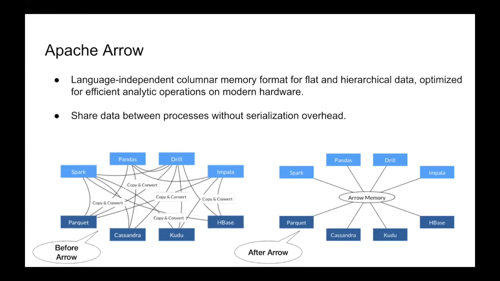When you have different systems working together in your ETL pipeline, for example Spark, MySQL, Pandas, each of them has its own in-memory format, and when sharing data between these systems, you need to convert the data format multiple times from one system to another.